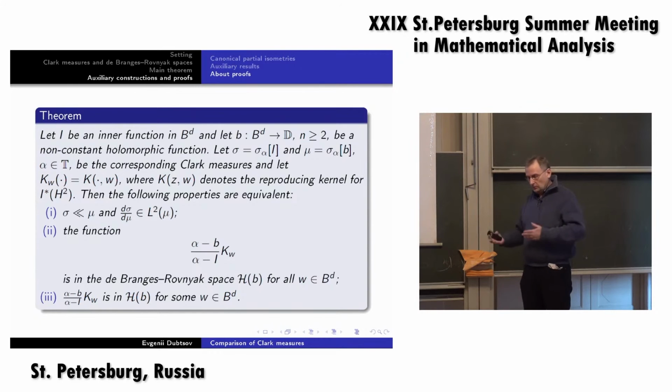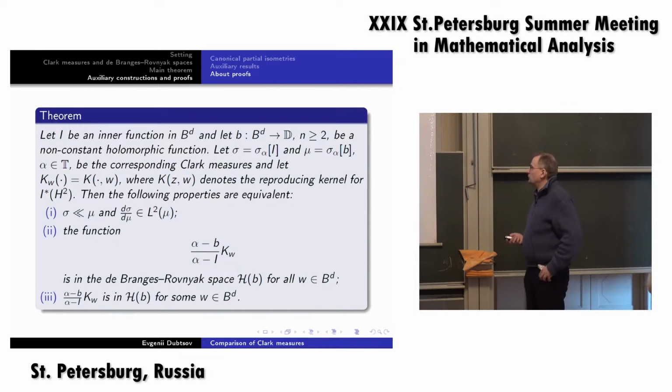In the case where B is an inner function, we have a unitary operator and its inverse. If not, then just up to that, we have these two operators, and we use them.